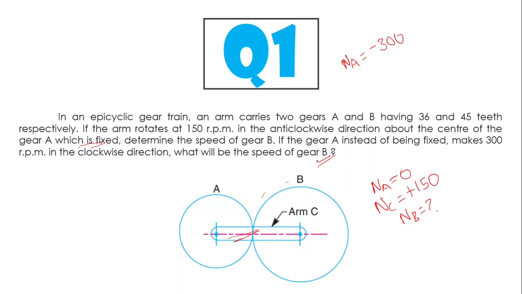Here again, the arm rotates at 150 rpm. That's NC, equal to plus 150 rpm, that means anti-clockwise direction. Then we have to find out NB, the speed of gear B.